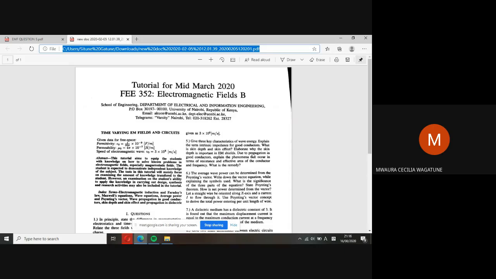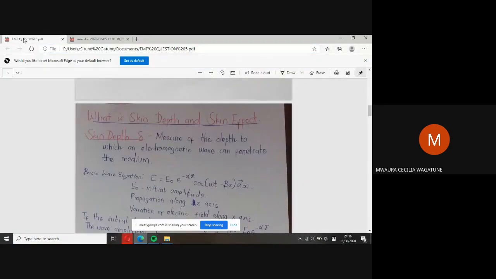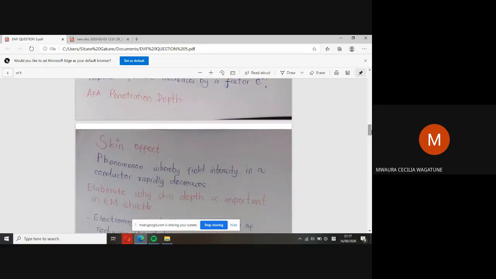So what is skin depth and skin effect? So skin depth is the measure of depth in which an electromagnetic wave can penetrate the medium. So I'll explain using an illustration.